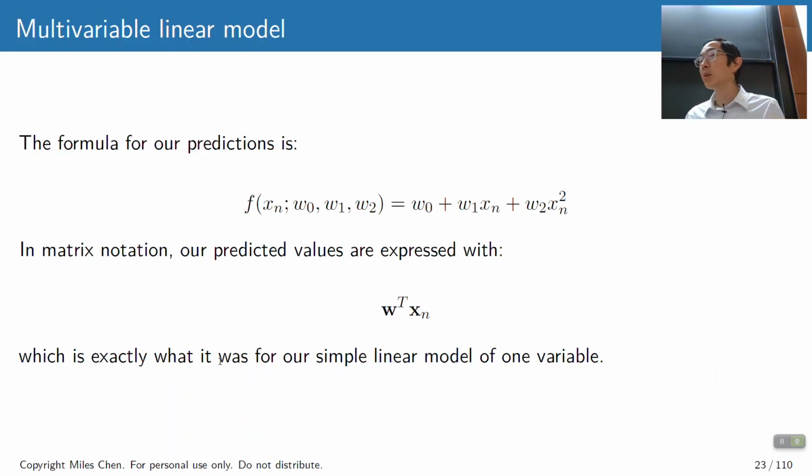If we think about what is the value being predicted by this now larger linear model, I have three coefficients to estimate, W0, W1, and W2, okay? If we were to express this in matrix notation, we're still going to just say it's W transpose X. It's just that now W has three terms in it, and X has three terms in it: a 1, an xn, and an xn squared.